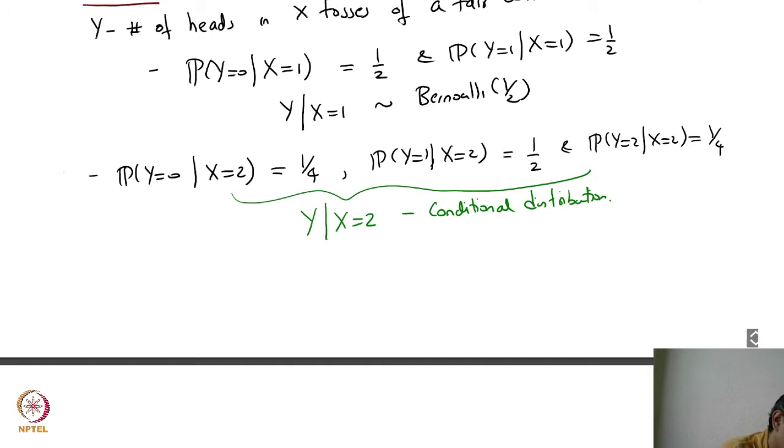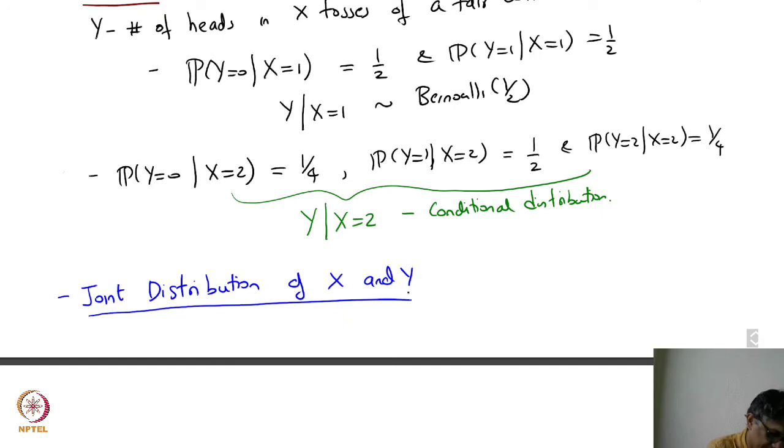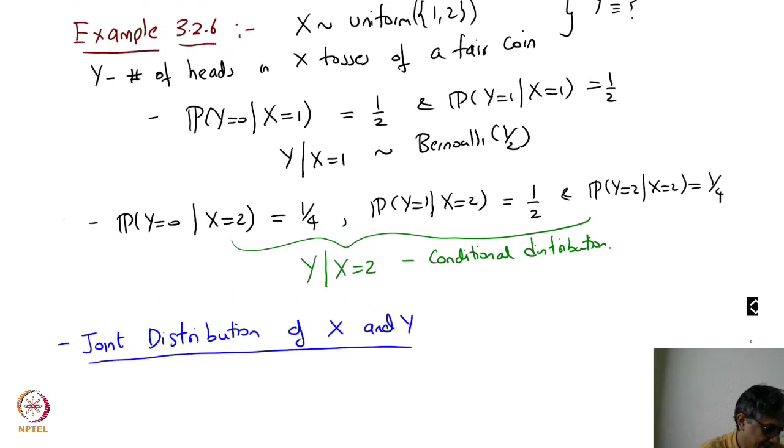The next thing I did was I said this is one way of understanding X and Y. The other way to understand X and Y is what's called the joint distribution of two random variables X and Y. Just keep example 3.2.6 in mind.